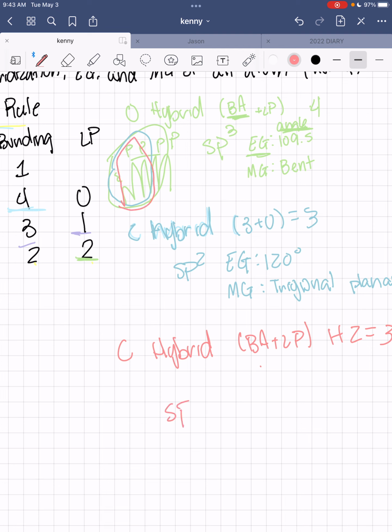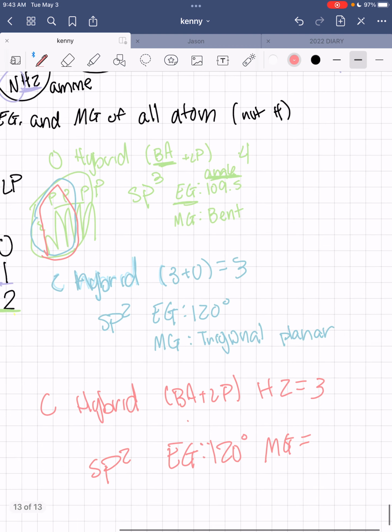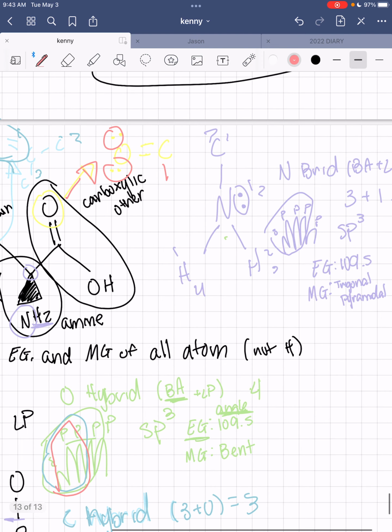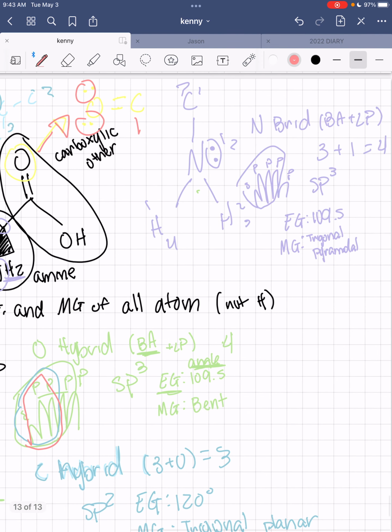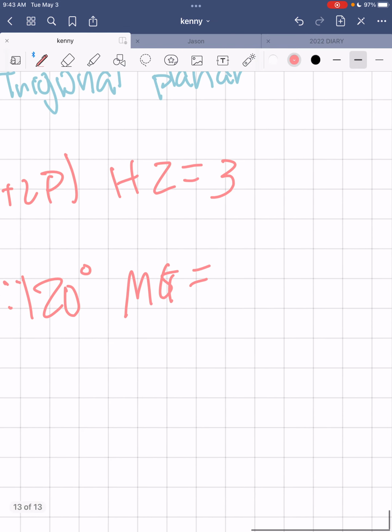So sp2. The angle is 120, and make sure you remember it. And for molecular geometry, there are 2 lone pairs, so it'd be linear.